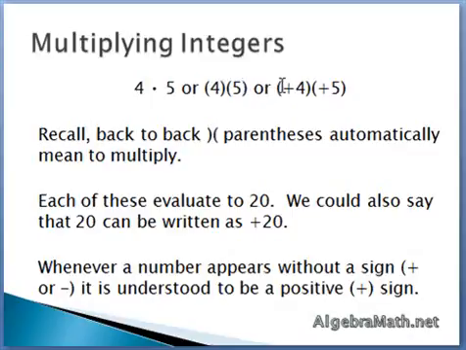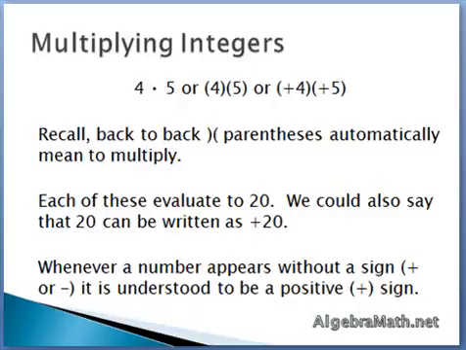Or we can also say positive 4 surrounded by parentheses multiplied by a positive 5. Recall that back-to-back parentheses automatically mean to multiply. Each of these evaluate to the number 20.